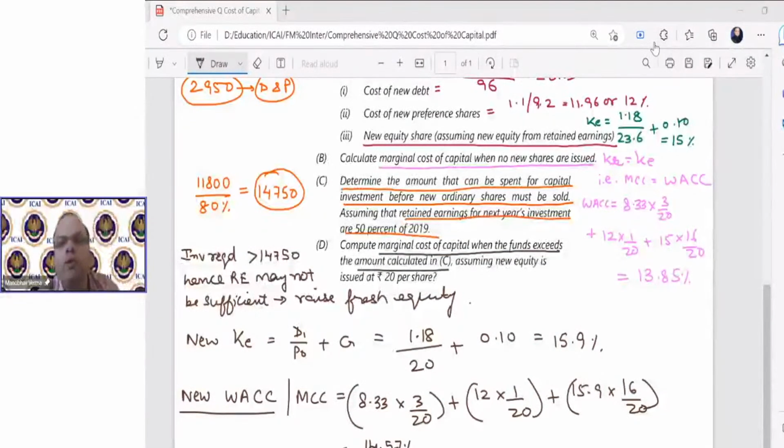See, in this case, what's happening, Himanshu, is the marginal cost of capital is required, na? And that is why we are doing the new equity. And mind you, we are just saying that if you are talking about investment larger than 14,750, you don't know how much fund you need, right? Great.